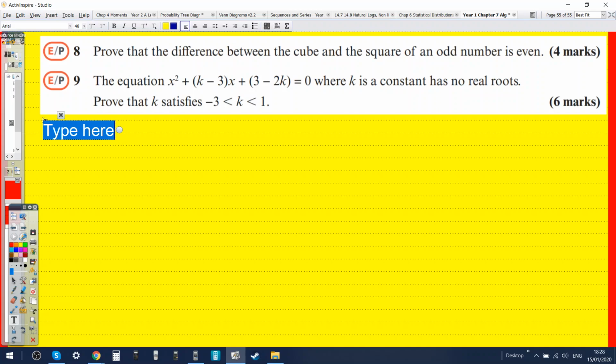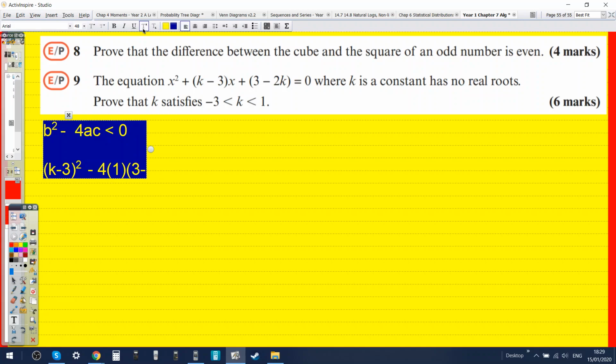So if it has no real roots, then b squared minus 4ac is less than 0. Yep. And then it would be k minus 3 squared minus 4 brackets 1 brackets 3 minus 2k is less than 0.